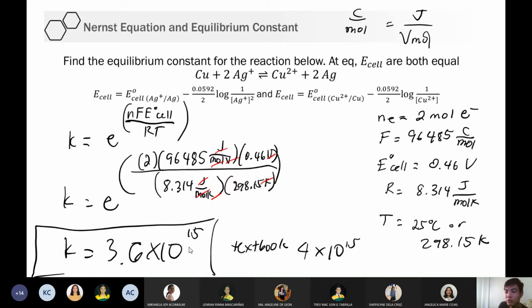I think this is million billion. Yeah. So ito ay million billion. So 1 million times 1 billion. So ganun kalaki yung K natin. Which suggests that this reaction is going to the products. So ibig sabihin spontaneous talaga to. Huwag kayong magugulat kung ganyan yung exponent ng K natin. Kasi ganun talaga pag electrochem.